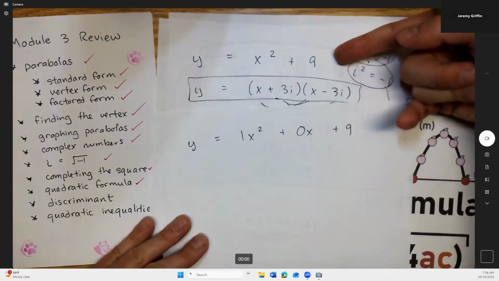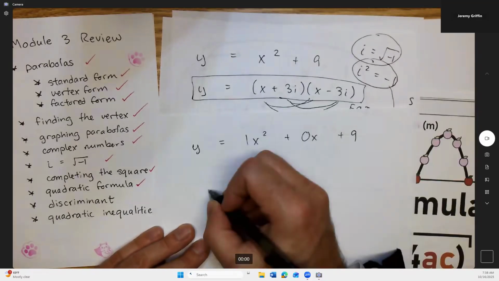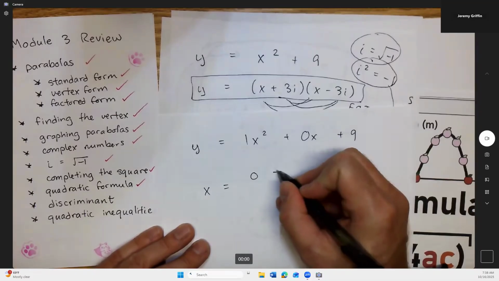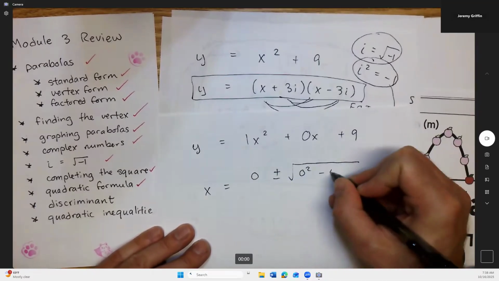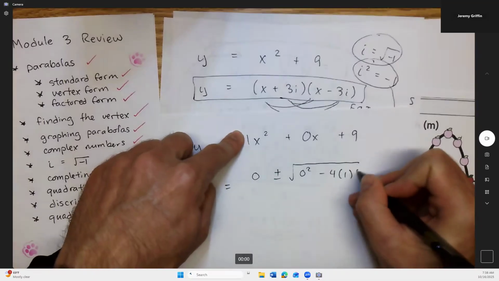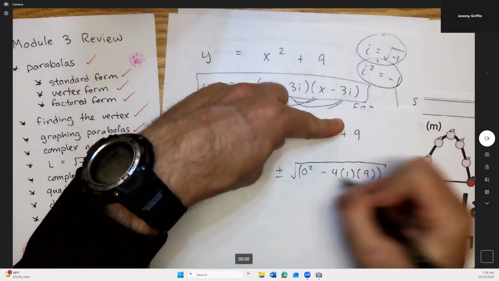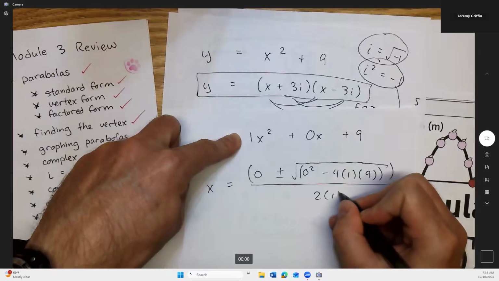I'll show you guys through the quadratic equation. I'll get the exact same zeros I would have gotten by factoring it. So x equals negative b, which is 0 anyway, right? Plus or minus the square root of b squared minus 4ac, all divided by 2a, 2 times 1 or 2 if you like.